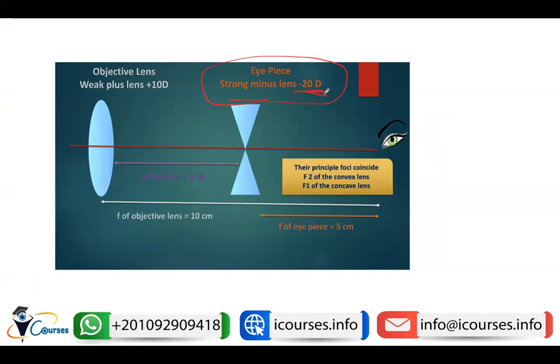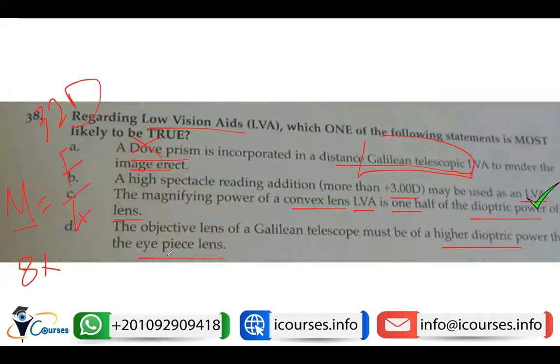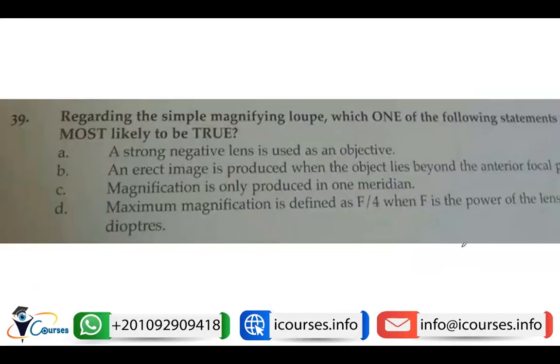So here, always the eyepiece is stronger than the objective lens, and it is minus. Here in the question, it is saying that the objective lens is higher, but this is not true. Another question about the use of a simple magnifying group as a low vision aid.